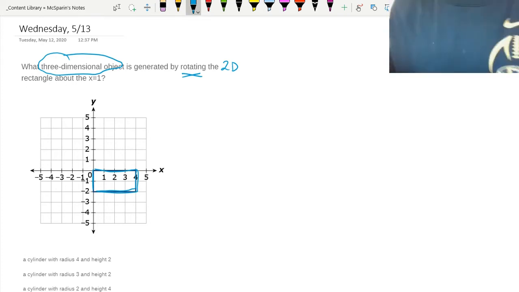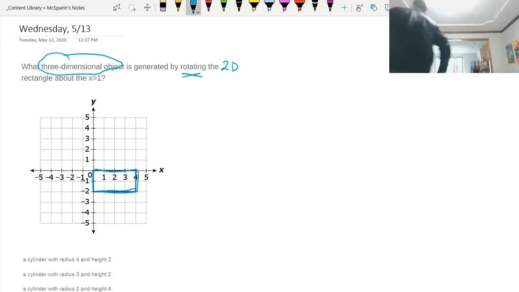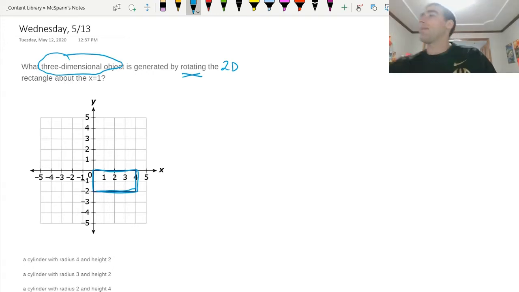Let me show you the way I've done this with students before when we're sitting in class. I'll take a 2D object like a square and put it onto something I can rotate, like a pencil. We can imagine rotating that square around that pencil.